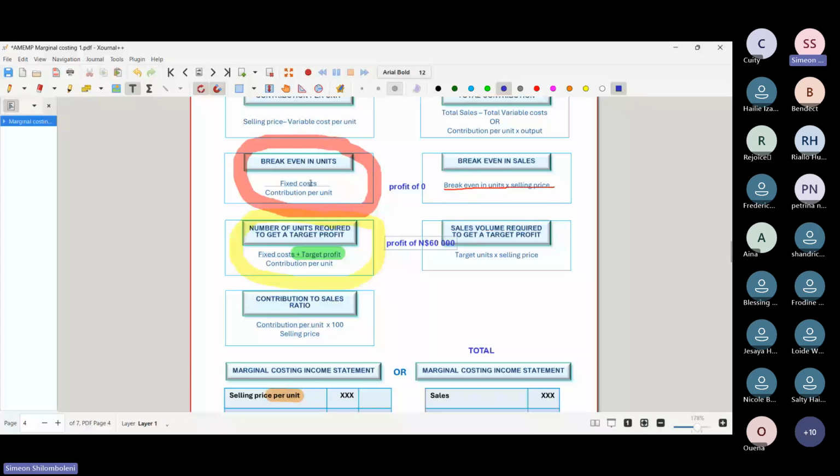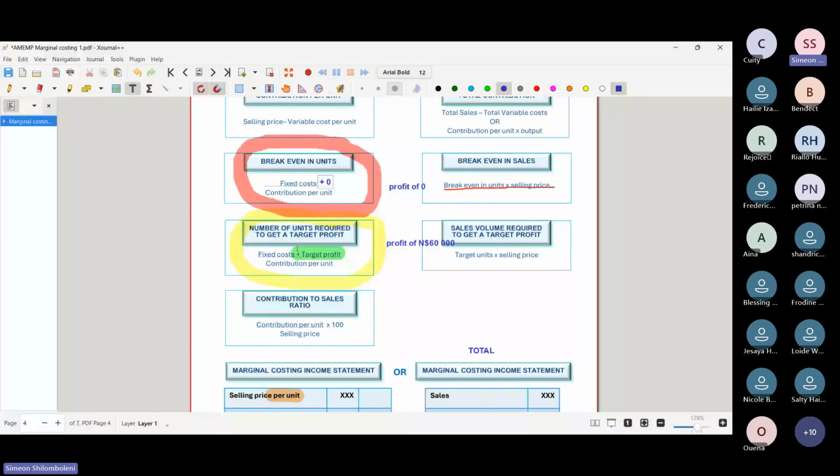Anything that you plus 0 is the same. But here, if you want to make 60,000, it's the same formula, but you must say plus 60,000, your target profit. If the question says how many units must I produce in order to make a profit of 200,000, fixed cost plus 200,000 divided by contribution per unit. So the formulas are the same. The only difference is that with this formula, you must add the target profit.